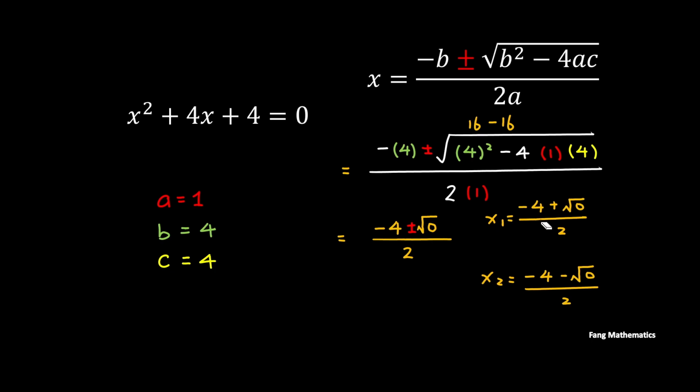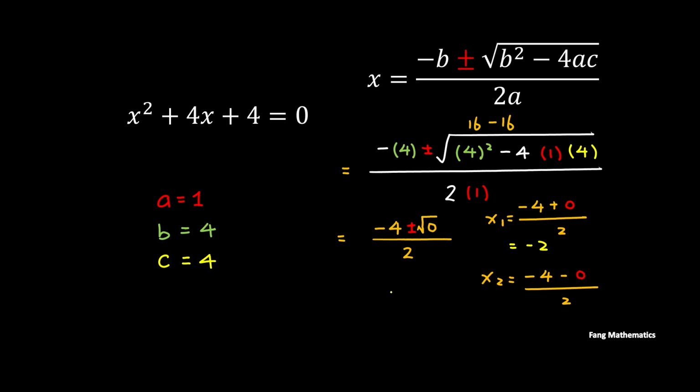Let's look at x1 first. So let's simplify the root of 0. Root of 0 is 0. Minus 4 plus 0 is minus 4, divided by 2. That gives your x1 as minus 2. And let's look at our x2. You have minus 4 minus root of 0. So root of 0 again is 0.